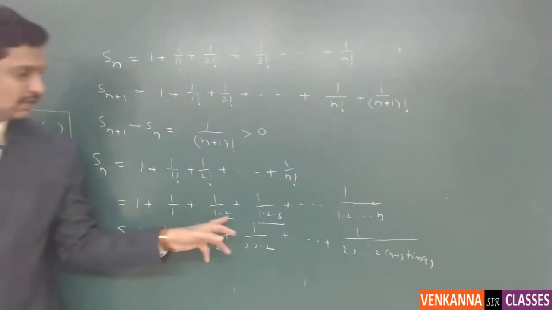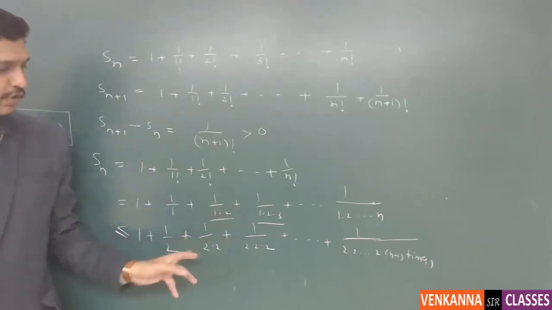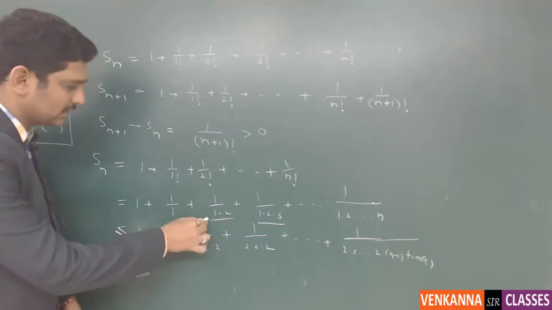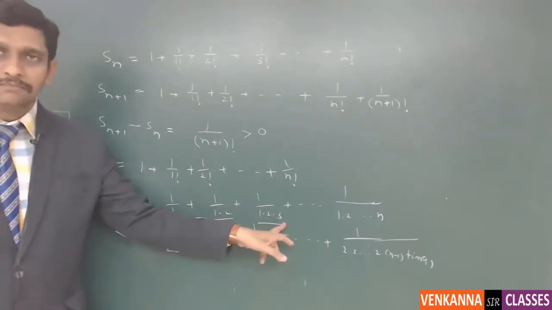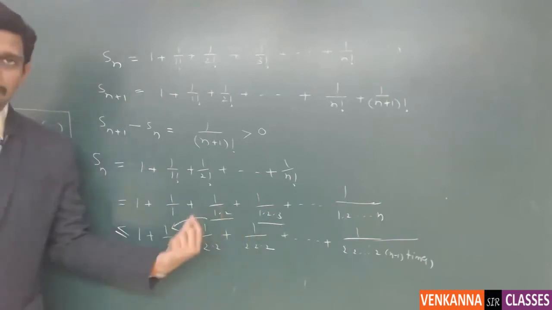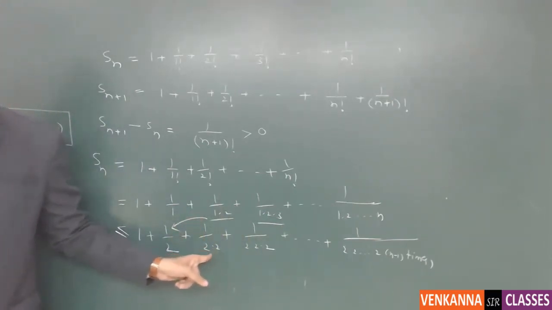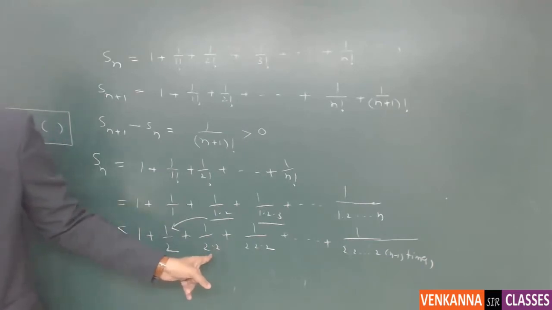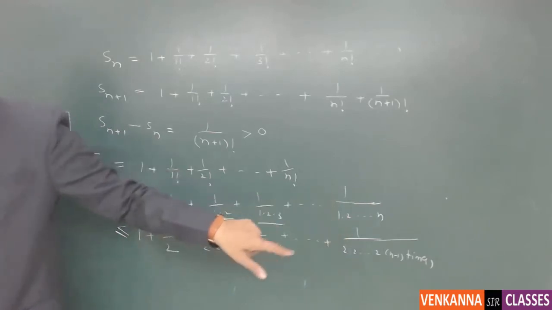So 1 by 2 is less than or equal to 1 by 2. If you take 1 into 2 into 3, so by taking the reciprocal, you can take 2 into 2, 1 by 6 less than or equal to 1 by 4. As in when the number increases, I am fixing only 2 in the denominator. That's it. You can fix 3 also.